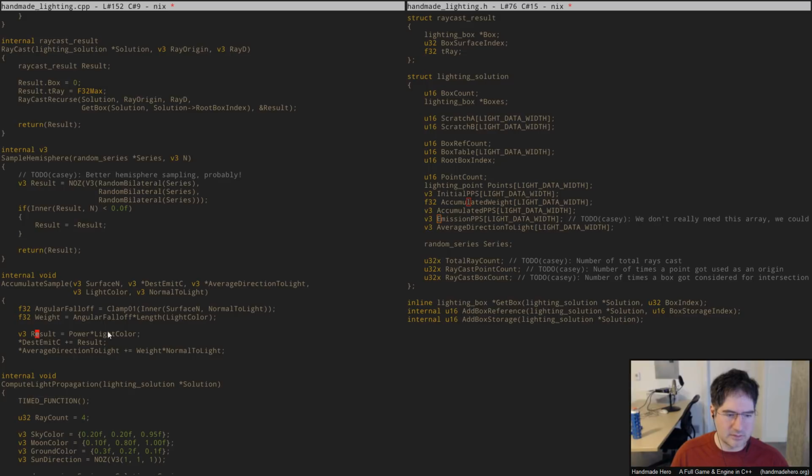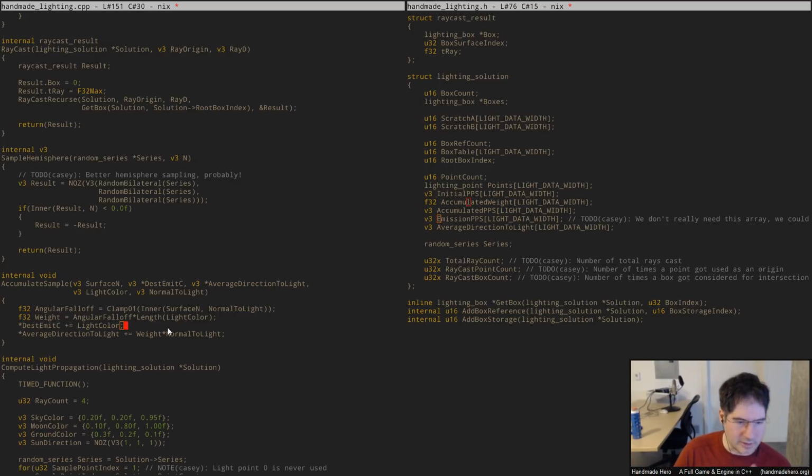And I think this is what we're talking about here. Right? So we want to sum up the value here. We want to sum up these two values.